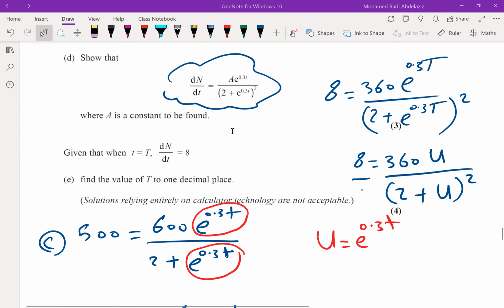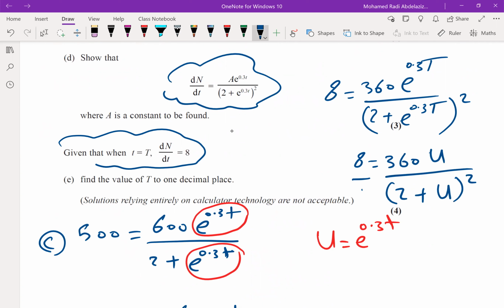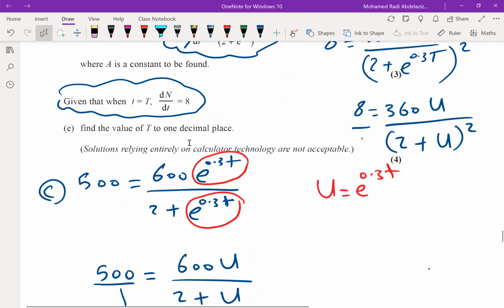Part E, given that at t equal to T, dN by dt is equal to 8 and t is T, find the value of T to 1 decimal place.